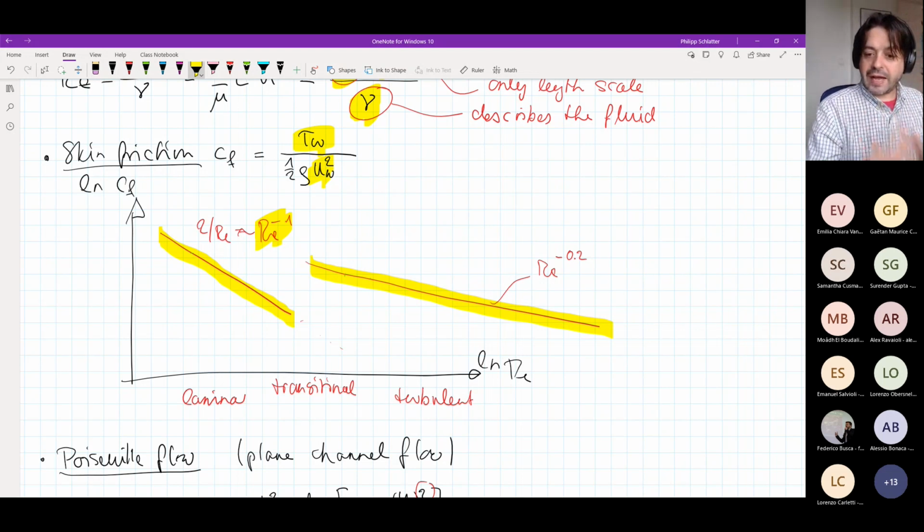So you'll have higher friction, but then it will decay again, but at a slightly lower rate. So for instance, for Couette, I guess Reynolds to the minus 0.2 is a reasonable estimate. So this is what we talked about, skin friction.